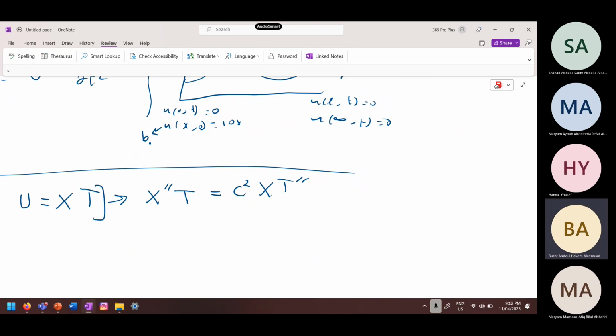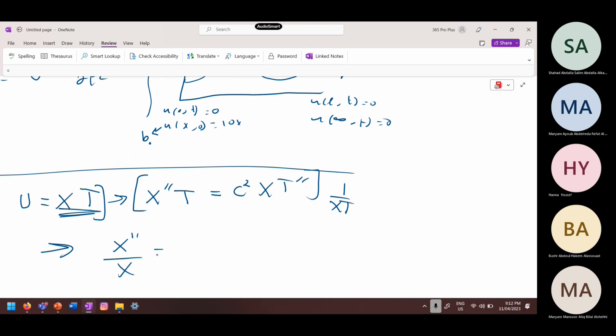Now, as for our third or fourth step, we're going to divide by the assumption. So this will give us X double prime over X equals c square T double prime over T. Okay?